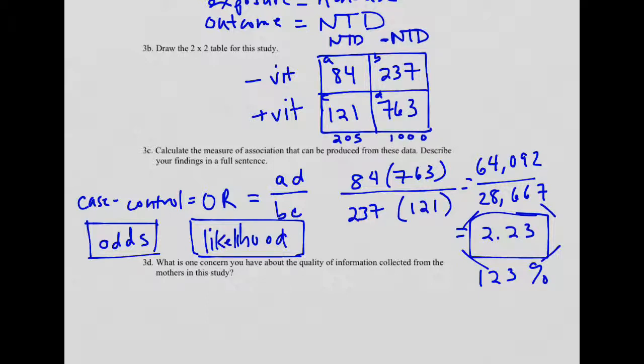In this case, it's a very rare outcome, so it doesn't matter as much, but when we're calculating odds ratios, it's always best to stick to odds. So again, among women who did not take vitamin supplements, they had 123% higher odds of having a baby with a neural tube defect compared to women who did take a vitamin supplement. That would be the way to say that in a full sentence.